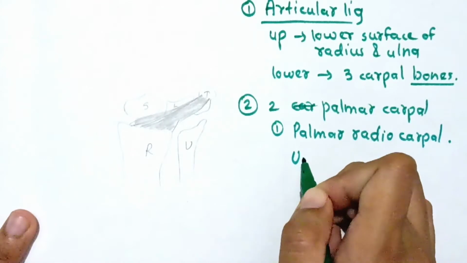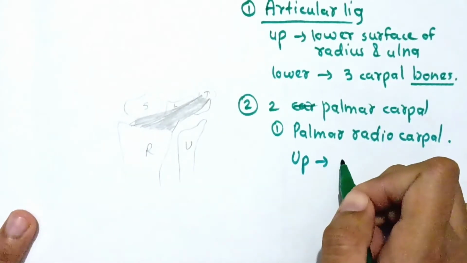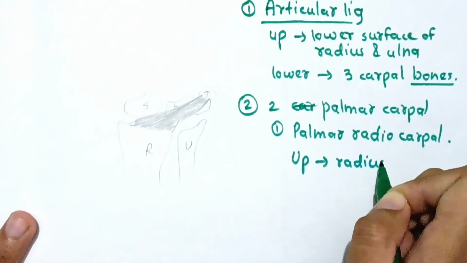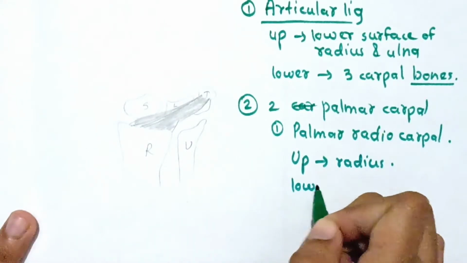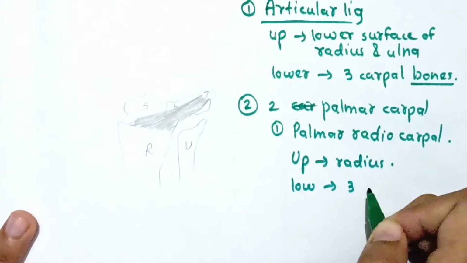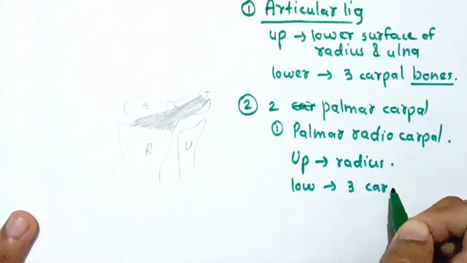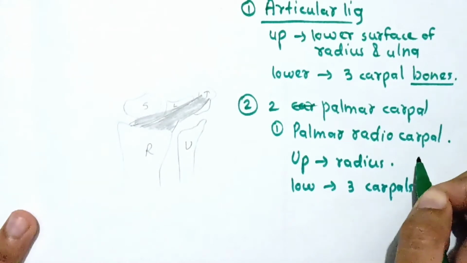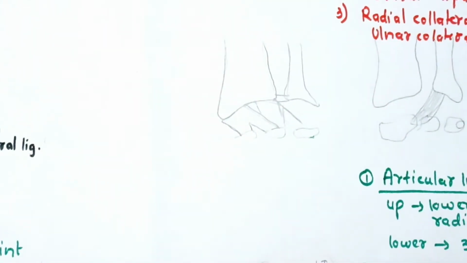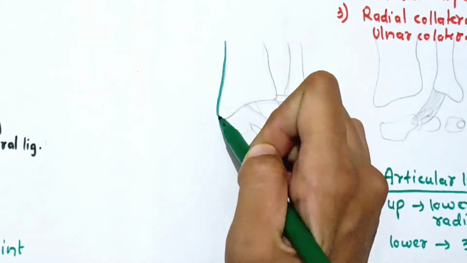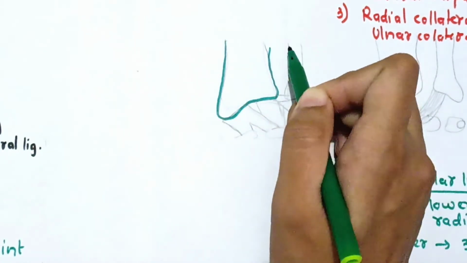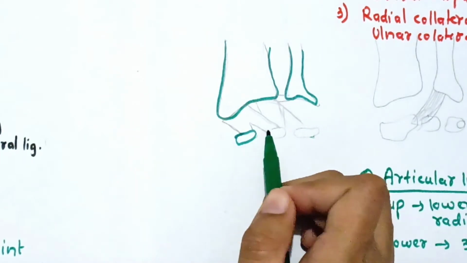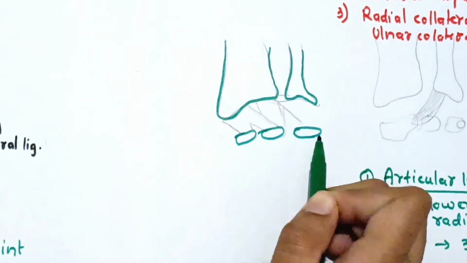Its upper attachment is on the lower surface of the radius and lower attachment is on the 3 carpals. Let's have a diagram. This one is the radius and this is the ulna, and here we have these 3 carpal bones.